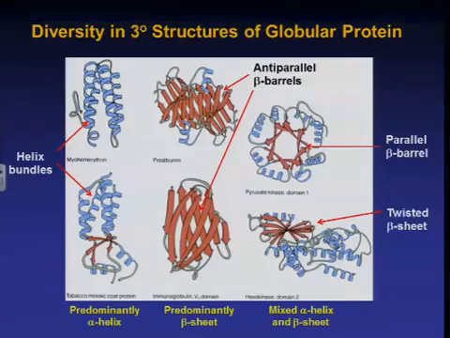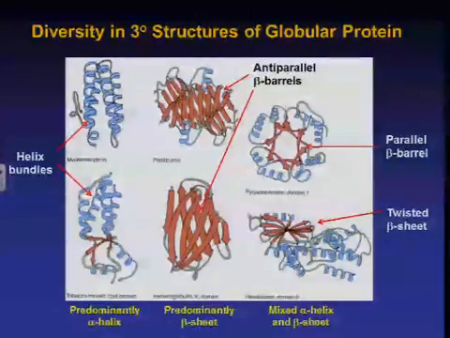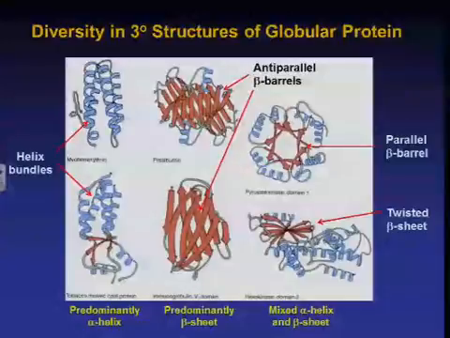Okay, so just to give you a view of nature, we talked yesterday about alpha helices and beta sheets. With the three secondary elements, alpha helices, beta sheets, and beta turns, you might think that's not much to work with in terms of making 3D structures with a lot of variability or diversity.